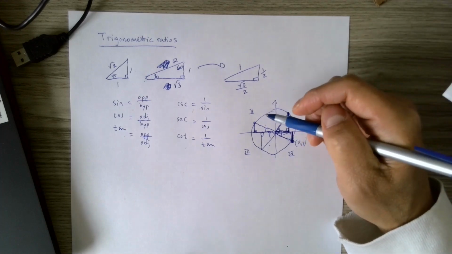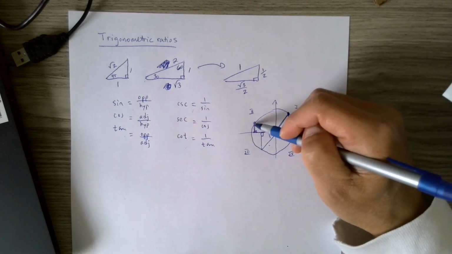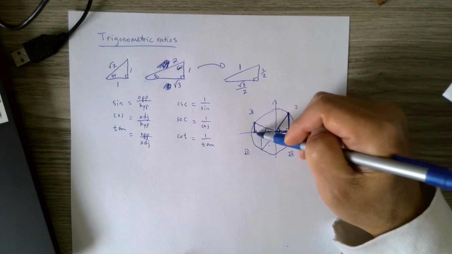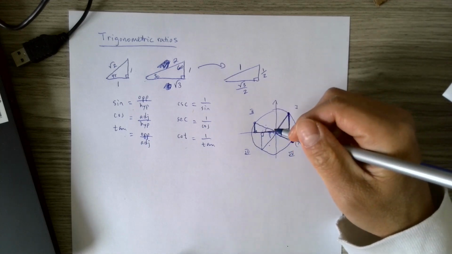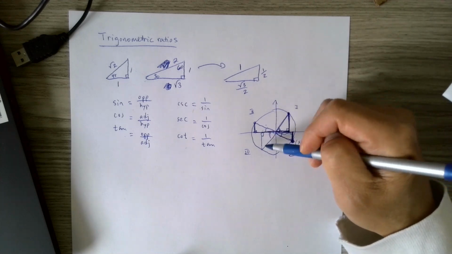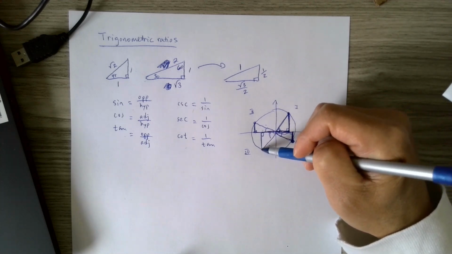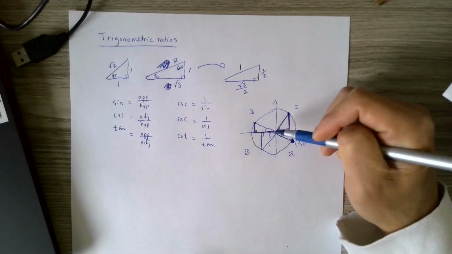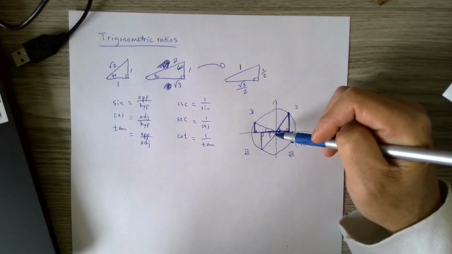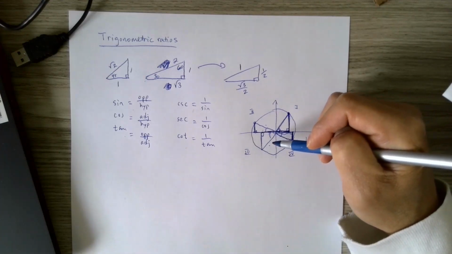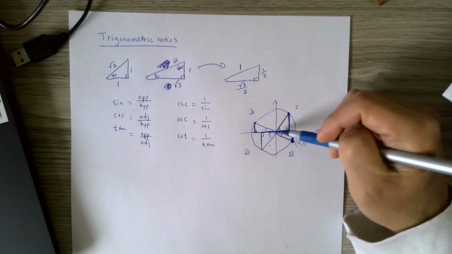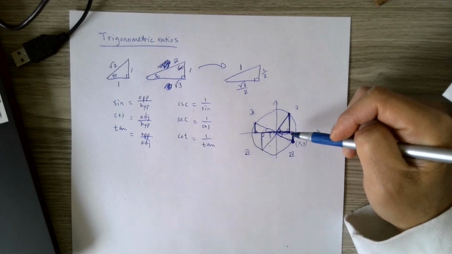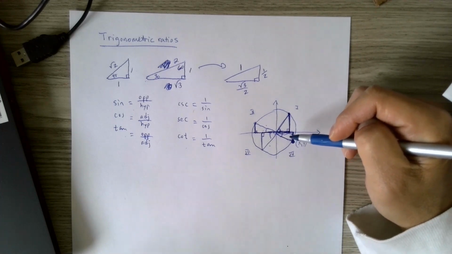But in quadrant 2, opposite is positive, adjacent is negative, so the tangent of that angle is going to be negative. Moving on to quadrant 3, opposite negative, adjacent also negative, so negative over negative gives us a positive tangent value. And then in quadrant 4, opposite is negative, adjacent positive, so negative tangent value.